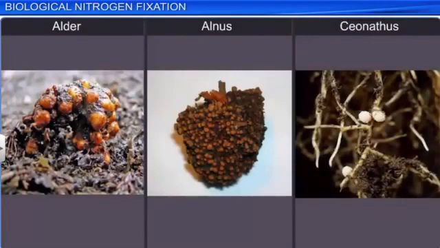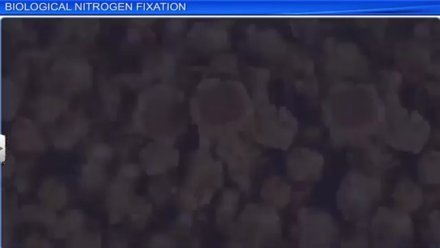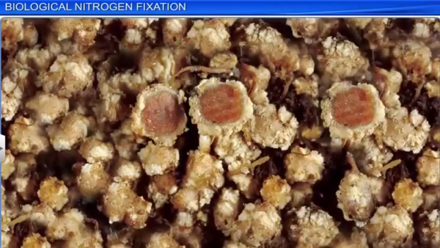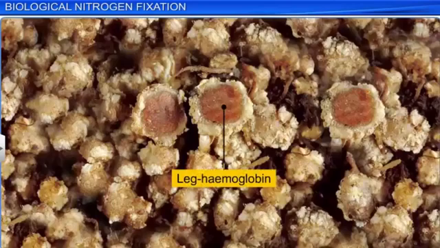Non-leguminous plants such as alder, alnus, ceanothus also associate with Frankia in the nodules of their roots for nitrogen fixation. These nodules in cross-section appear red or pink due to the presence of an iron-containing protein called leghemoglobin.